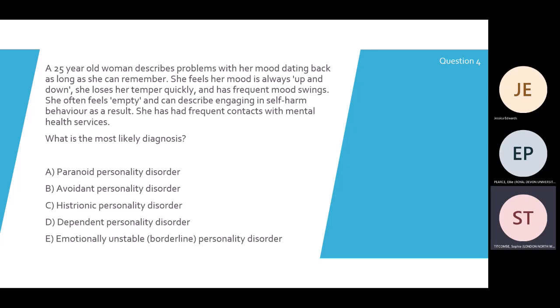She has had frequent contacts with mental health services. Which is the most likely personality disorder that this lady might be diagnosed with? A, paranoid, B, avoidant, C, histrionic, D, dependent, or E, emotionally unstable, which is also sometimes called borderline personality disorder.